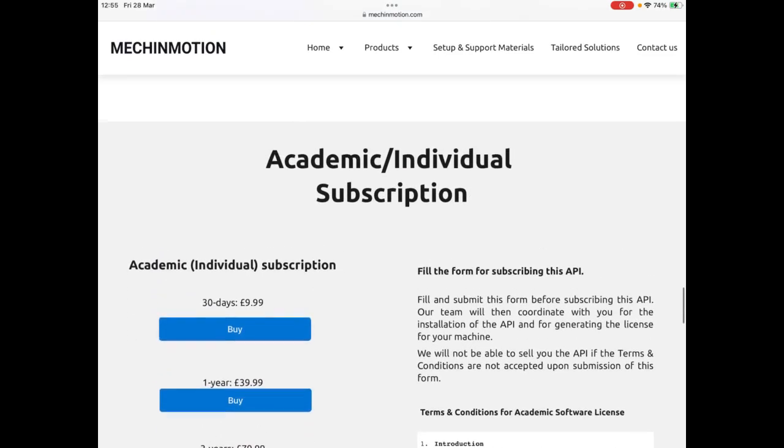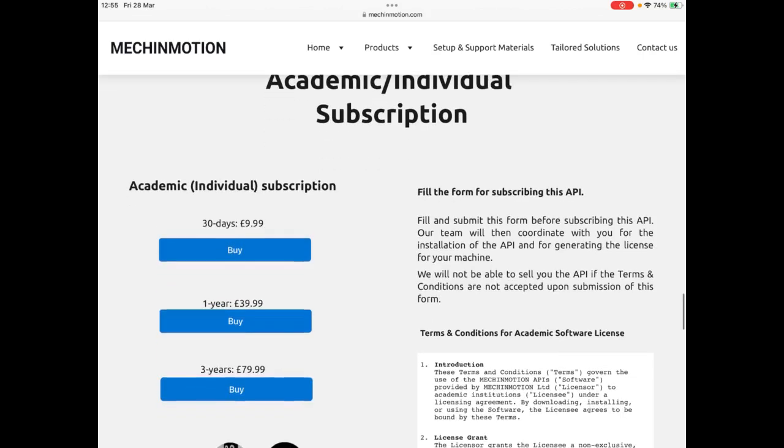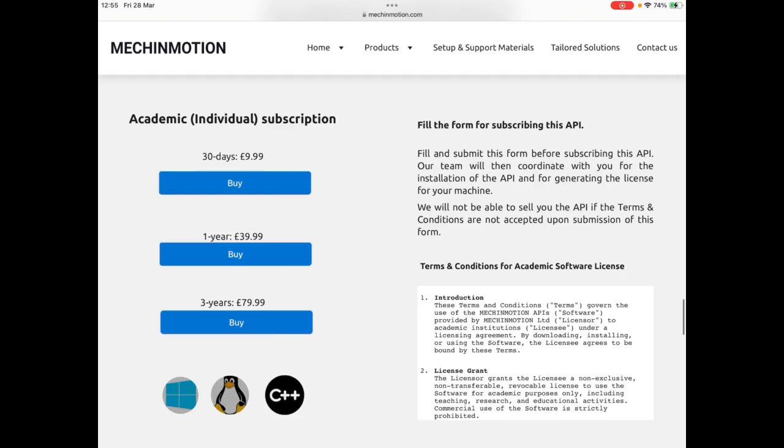So the way it works is, we separated the subscription for individual and academic users, like PhD students and postdocs. The idea is, if they just need to use simulation with shell elements, why should they be paying for other elements and other FEA models that they will not need? So that is the main idea of this.